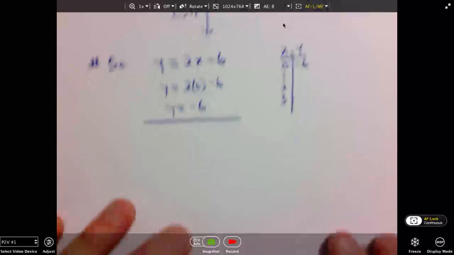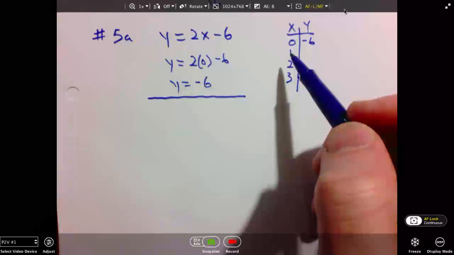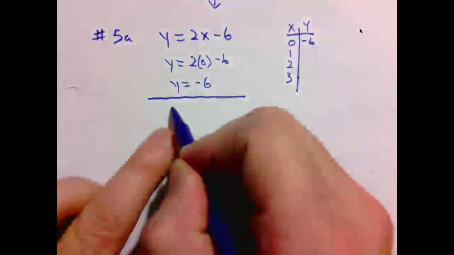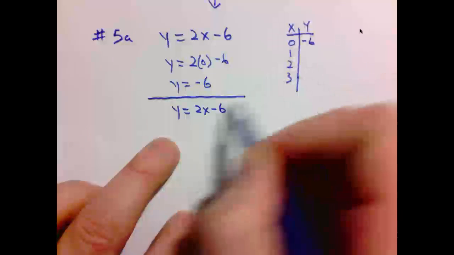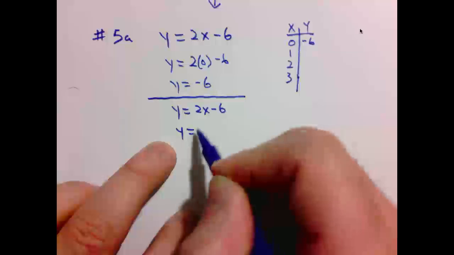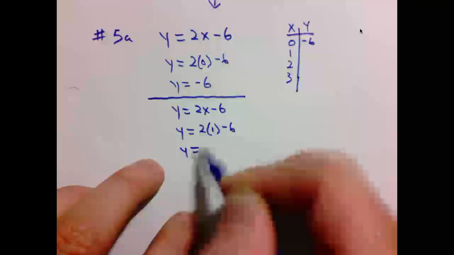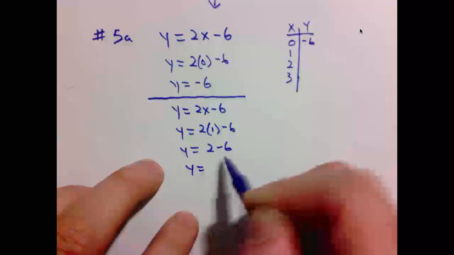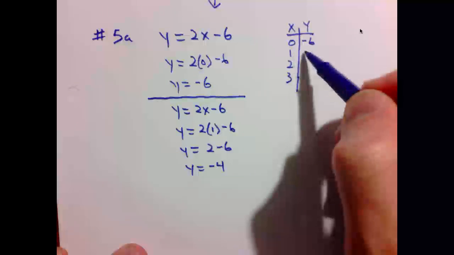Let's substitute 1 now, in place of x. We had y equals 2x subtract 6. y equals 2 times 1 minus 6. 2 times 1 is 2, minus 6, so y is -4. When x is 1, y is -4.